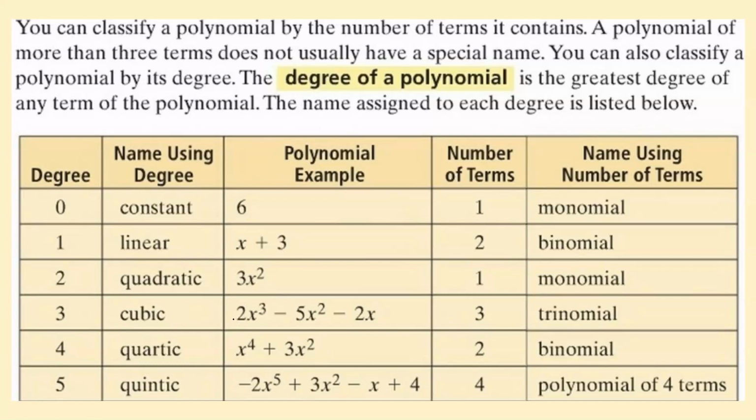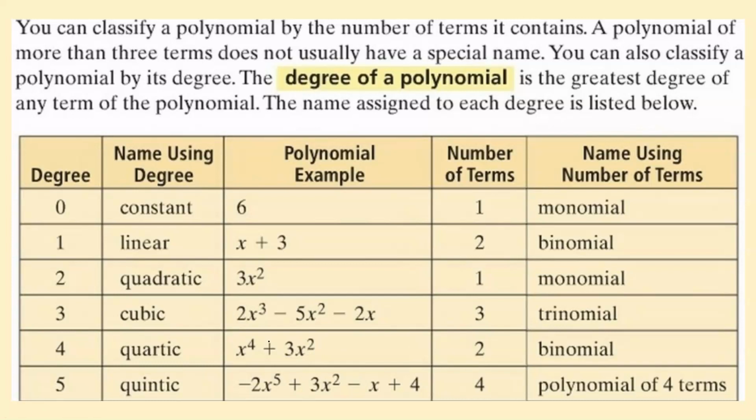Here we have 2x cubed minus 5x squared minus 2x. 3 terms, 1, 2, 3. So that means it's a trinomial. The degree is also 3, right? 3 is our highest exponent here. So that means it is a cubic polynomial. When the degree is 3, it's cubic. Another example, x to the 4th plus 3x squared. 2 terms here, so it's a binomial.